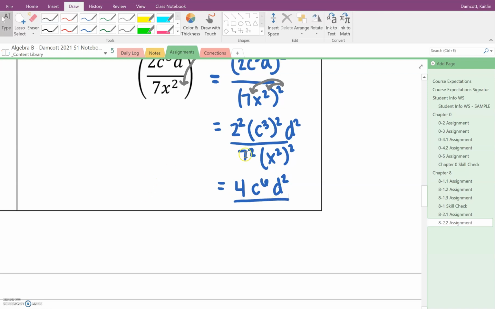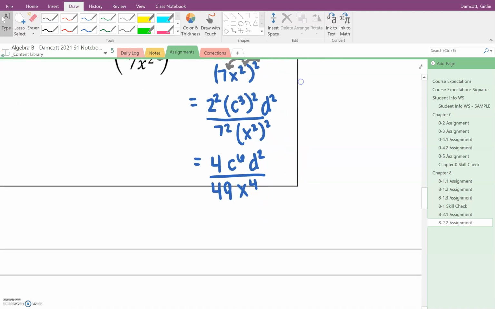All divided by 7 squared, or 7 times 7 is 49. And then we've got x squared squared, so we keep the base of x, and 2 times 2 is 4. So in this, we've got c's, we've got d's, we've got x's on the bottom. Nothing's going to cancel out. So this is our answer in simplest form.